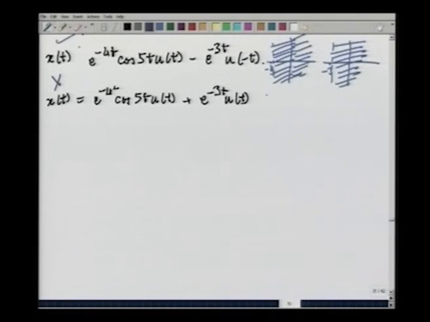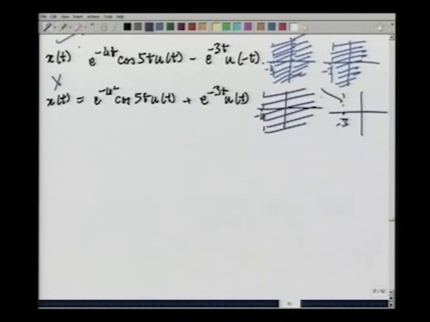Now, for x(t) as obtained in the second one, which turned out to be the correct answer, we have a rightward ROC for the first term, minus 4 yielding a rightward ROC, and a second term, minus 3, having a leftward ROC.